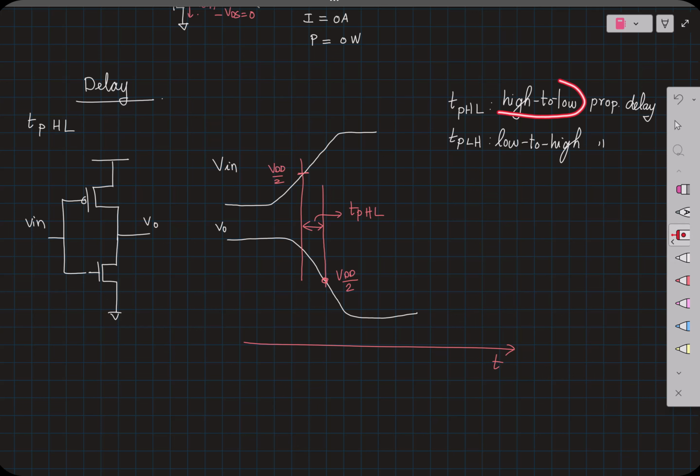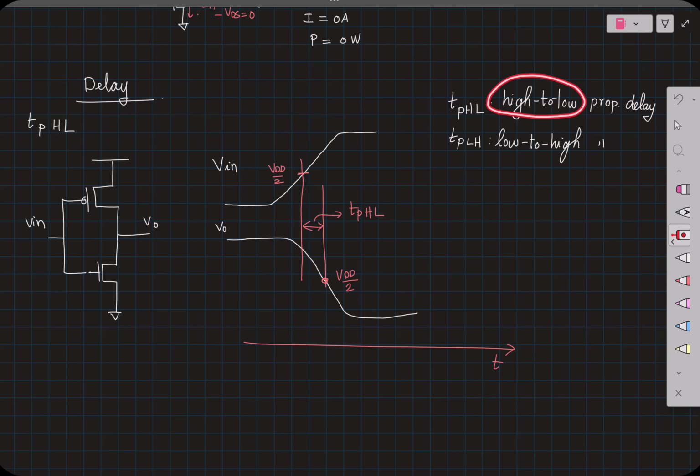The high to low simply refers to the fact that the output node is going from high to low. Similarly, the low to high propagation delay is when your V0 is going from low to high. For an inverter, the corresponding input has to go from high to low.